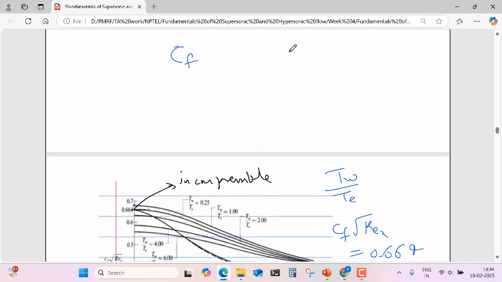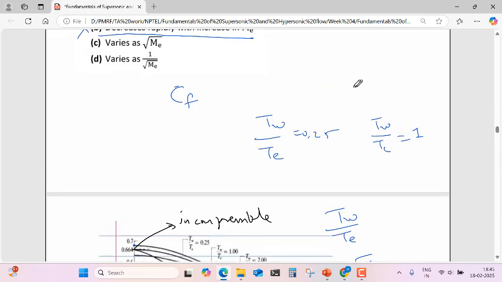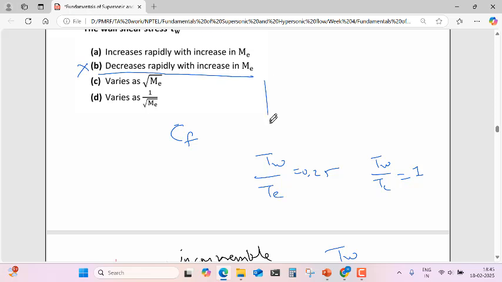Let's say we have two walls, one with TW by TE as 0.25 and the other with TW by TE as 1.